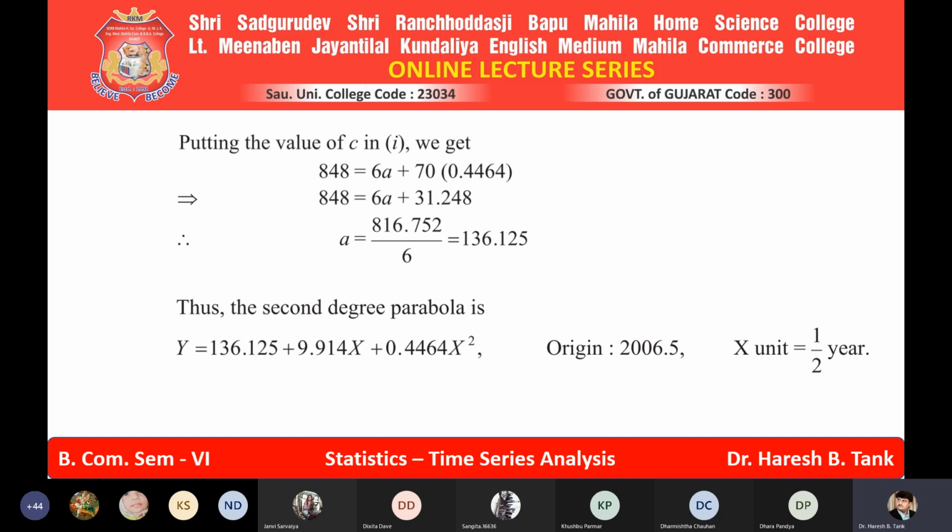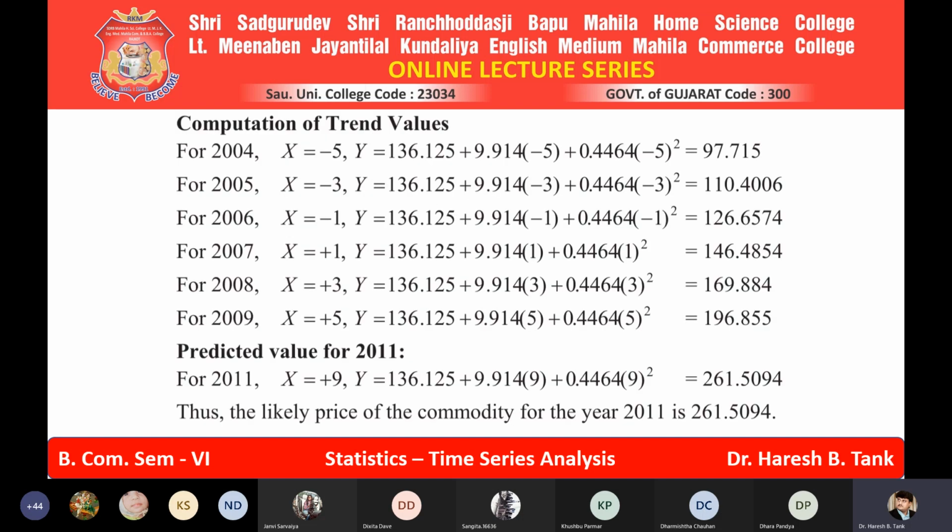Now the question was to estimate the value for 2011. Before that, you should have a column, and that column should be tagged as trend value YC, which is 136.125 plus 9.914 times x plus 0.4464 times x squared.